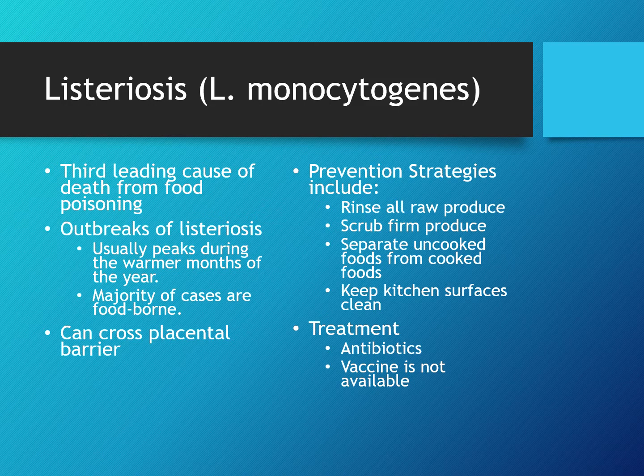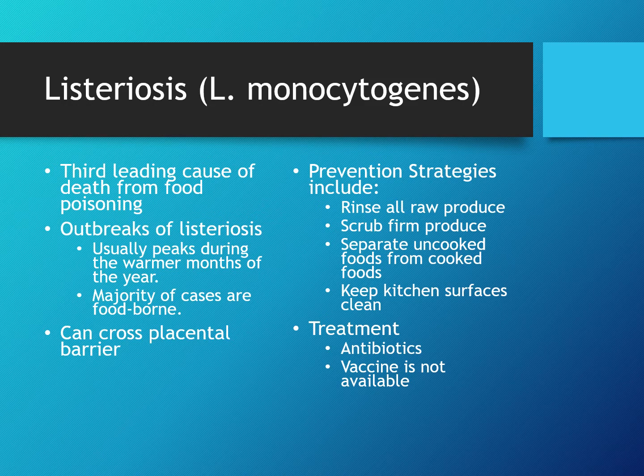And so some things that we can do to prevent the spread of listeriosis is making sure that we wash all of our fruits and vegetables before we eat them, even after we take their peels off. We should be washing them according to the CDC.